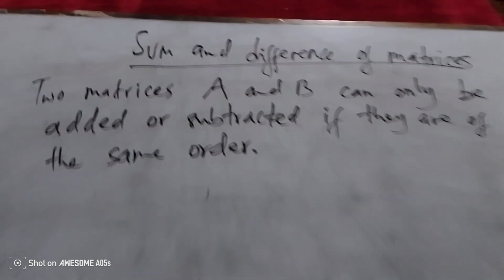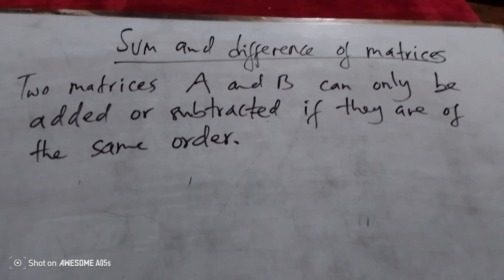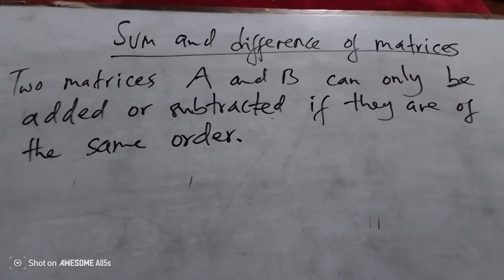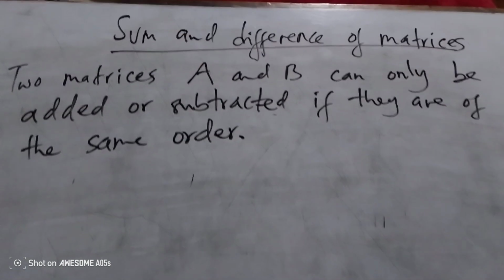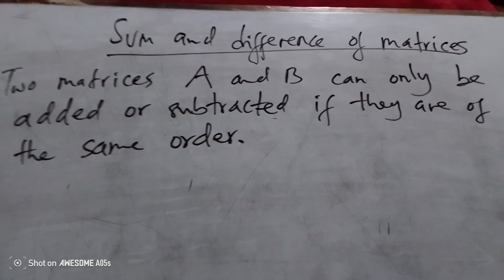So two matrices A and B can only be added or subtracted if they are of the same order. So that is how you can add or subtract two matrices.